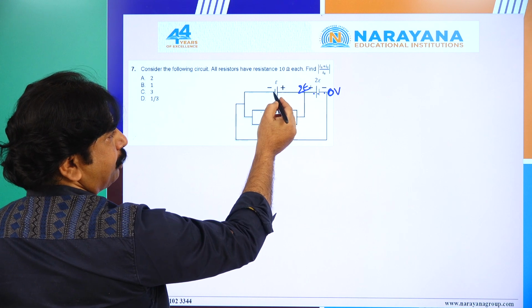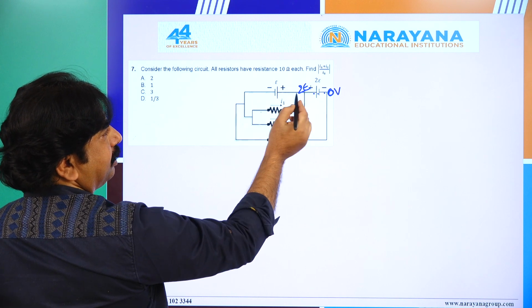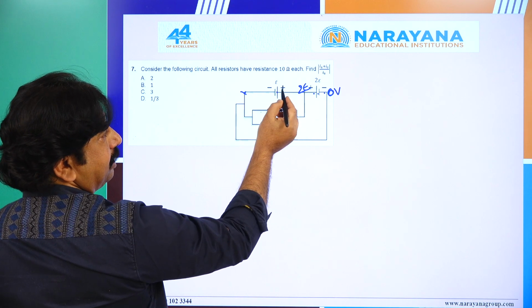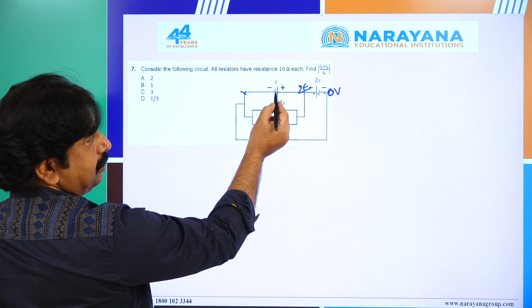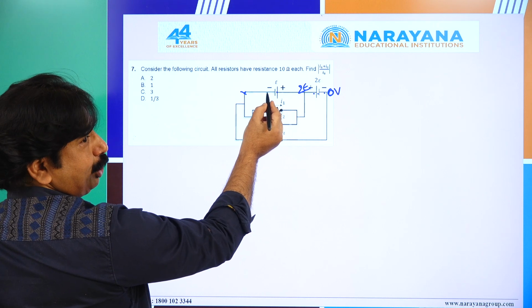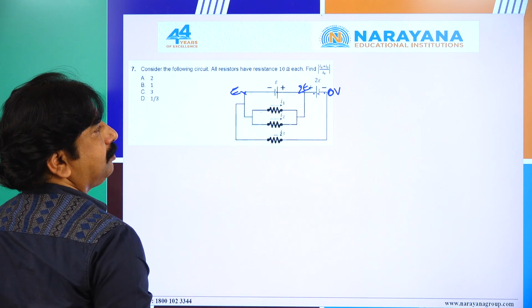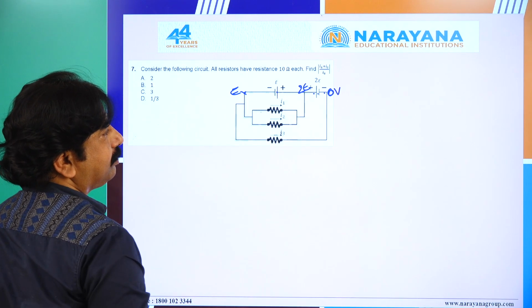And again here the potential is decreased by E. So at this point, we are crossing from higher potential to lower potential. That's why it is E only. This is 2E, this is E only.